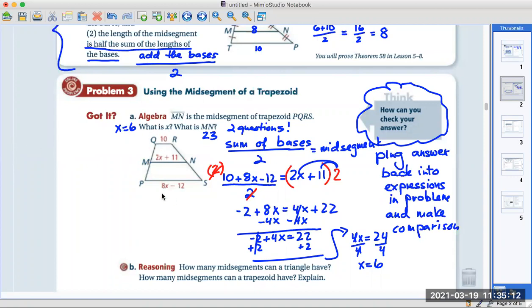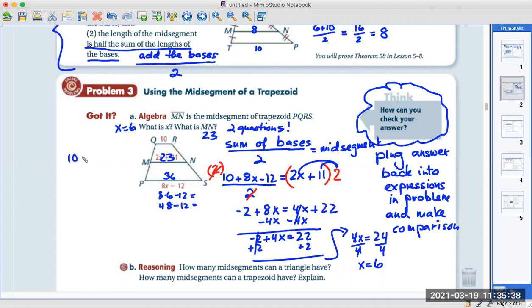So this is 10. 8 times 6 minus 12: 8 times 6 is 48, 48 minus 12 is 36. And this was 23, because we already found that.